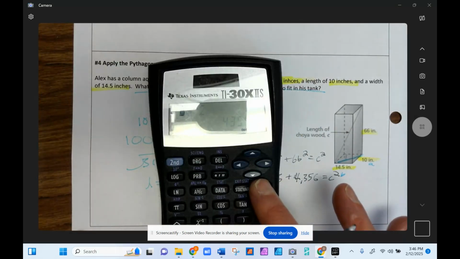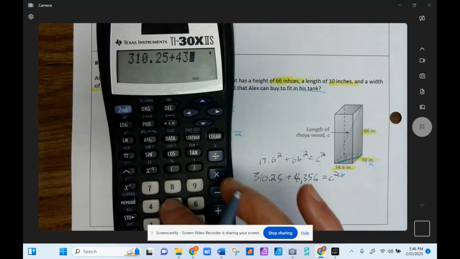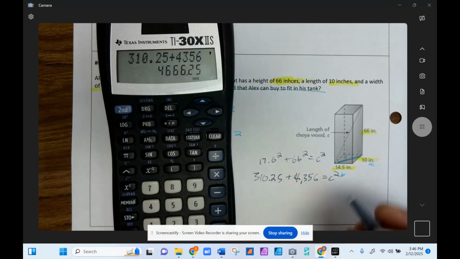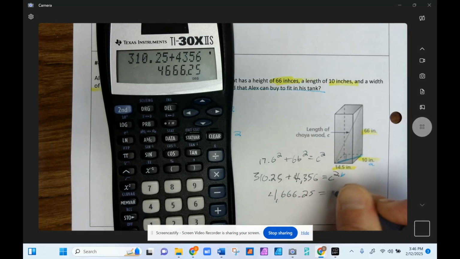Now we'll add those together. 310.25 plus 43.56 is 4,666.25, which is equal to C squared.